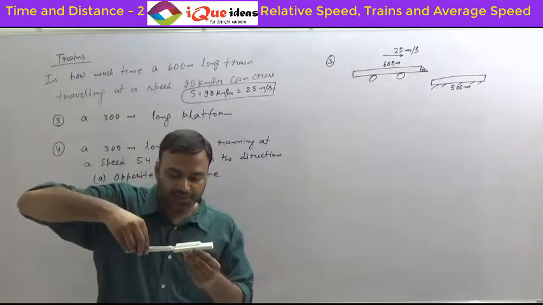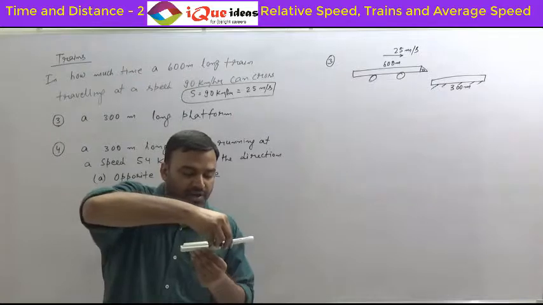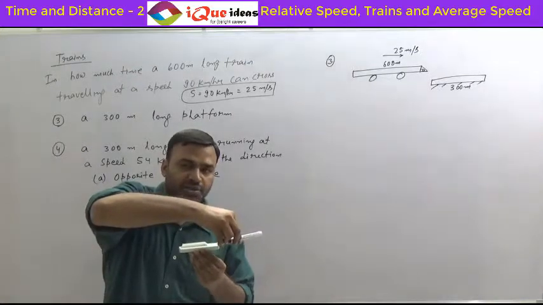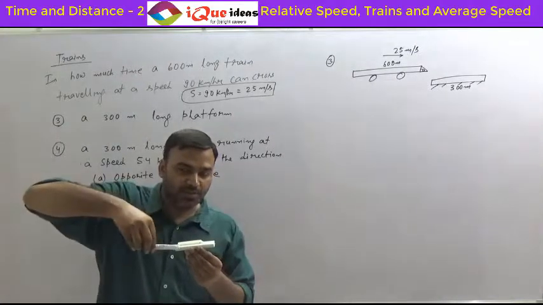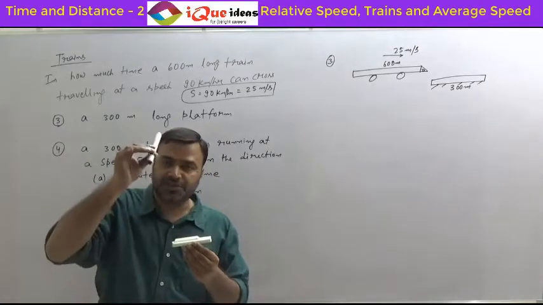See, the platform hasn't moved. Only the train has done the entire work. So the speed will be considered only of this train.